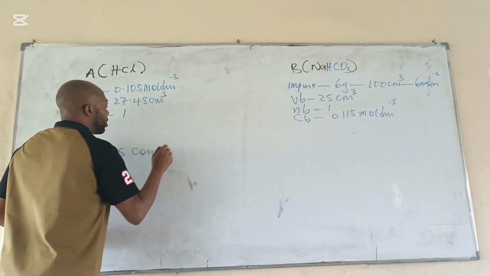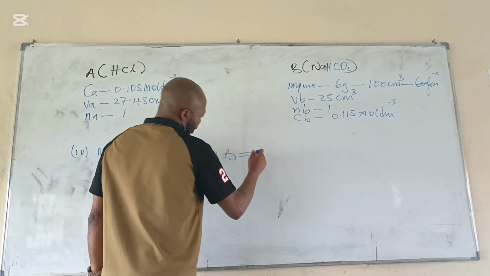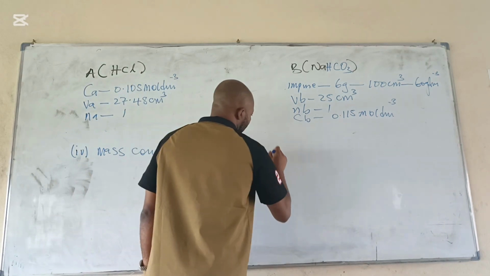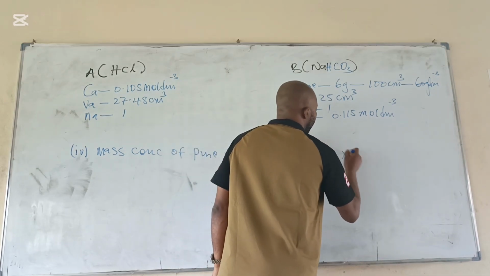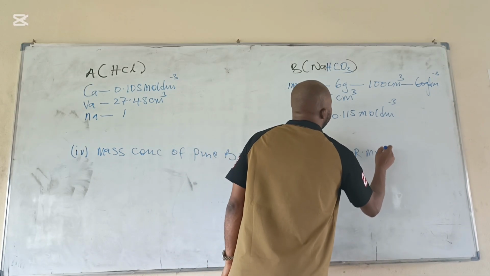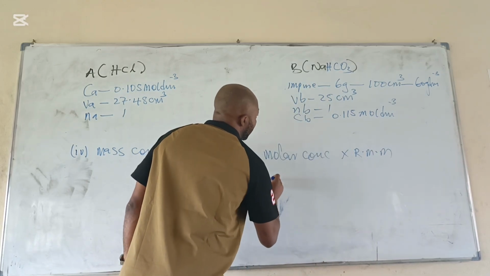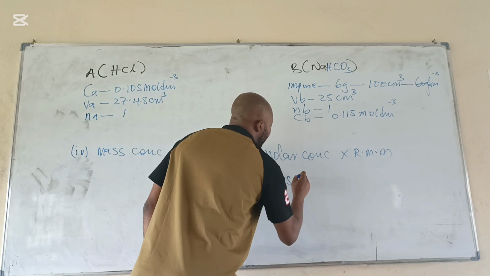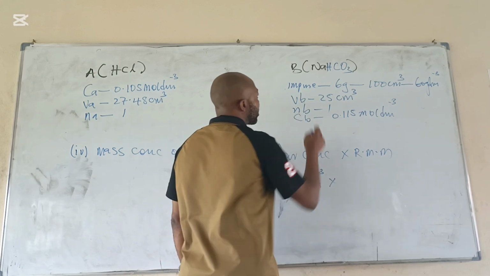mass concentration of pure B is equal to molar concentration of B times the relative molecular mass of B. So the molar concentration of B is 0.115 mole per dm cube times the relative molecular mass.